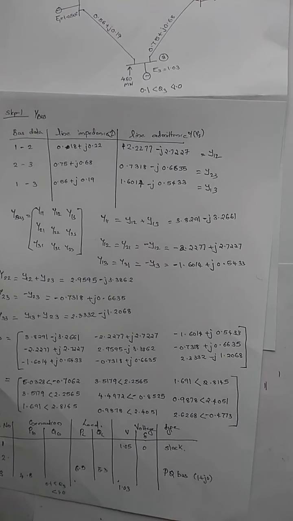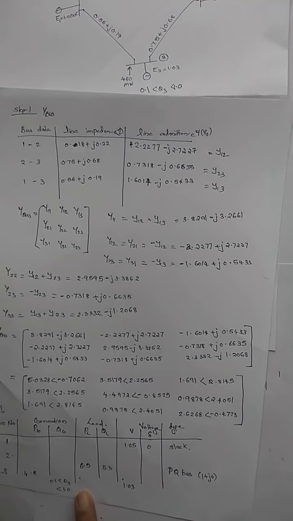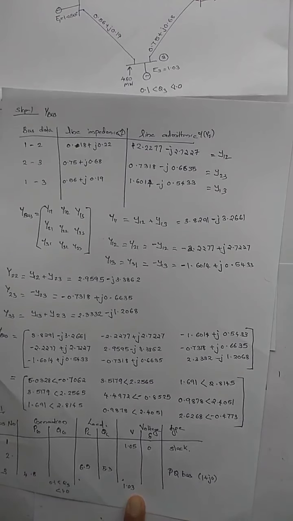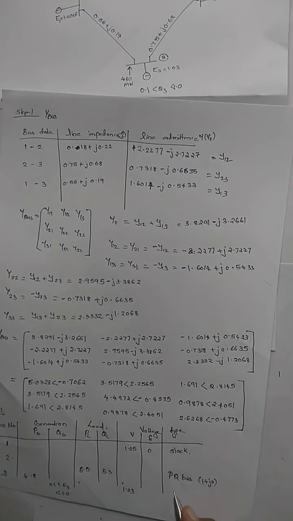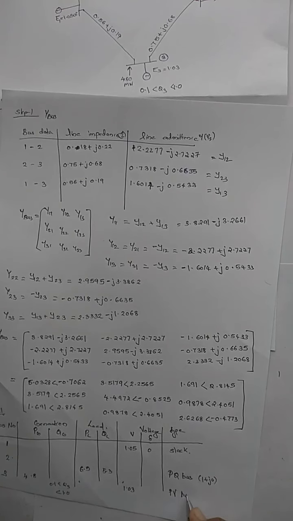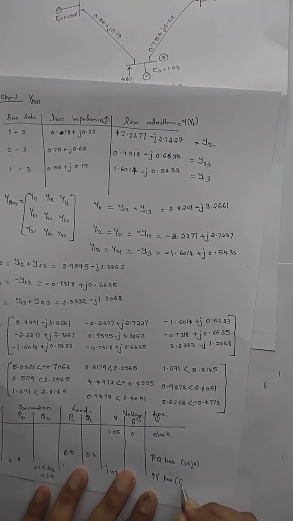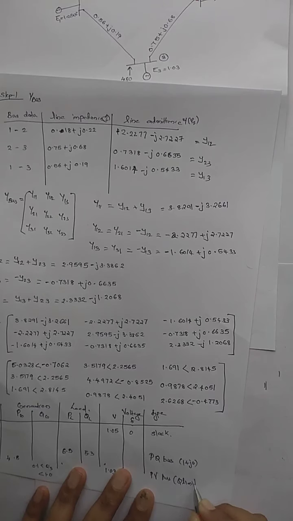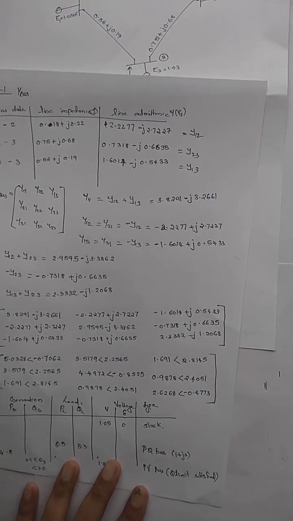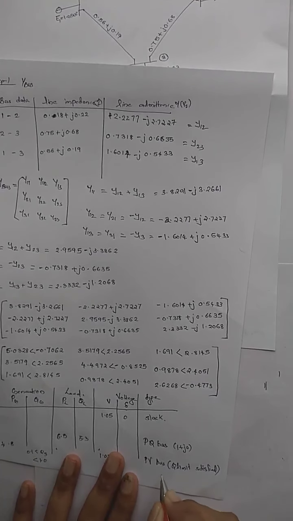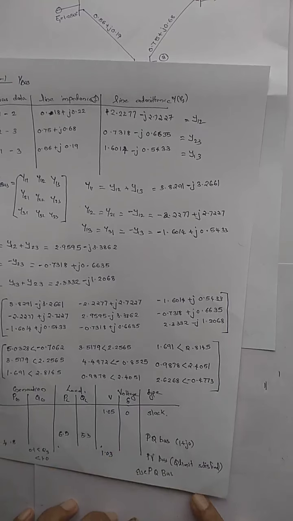This is a given constraint. Here P value and V value is given, so this is a PV bus, and if the Q limit is satisfied, then it is a PV bus, and if the Q limit is violated, else it will be a PQ bus.